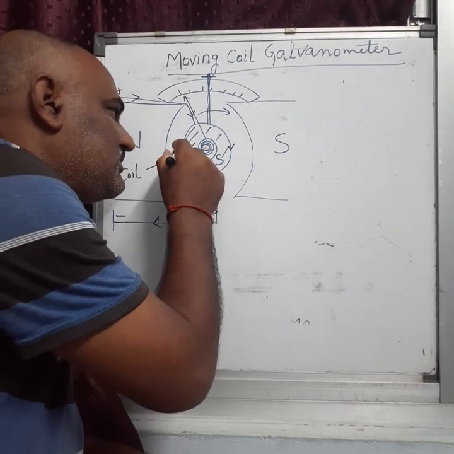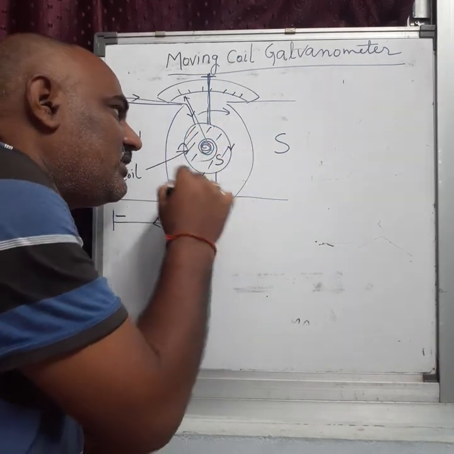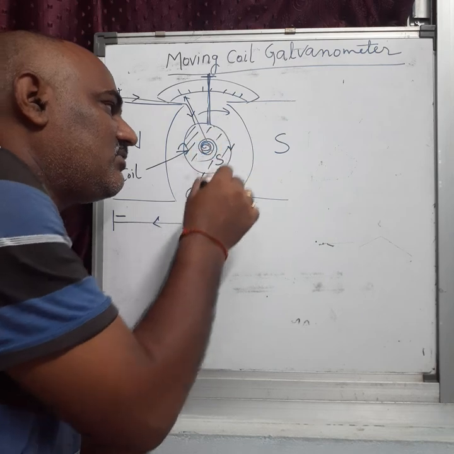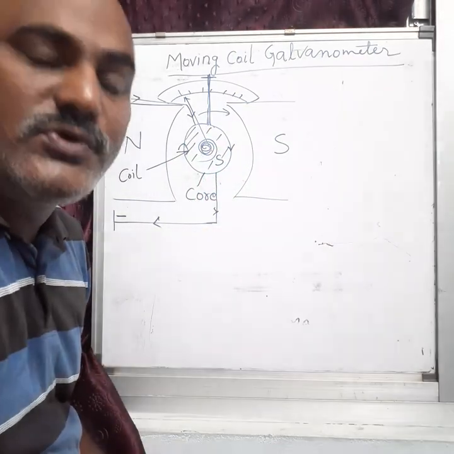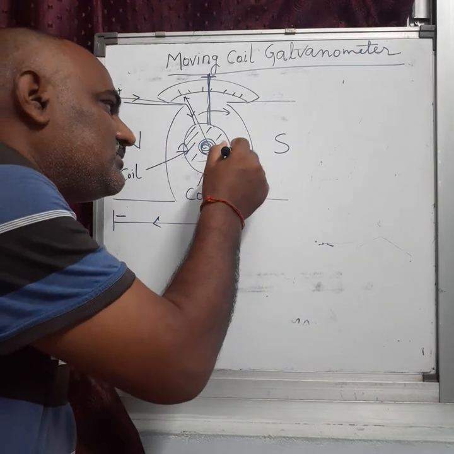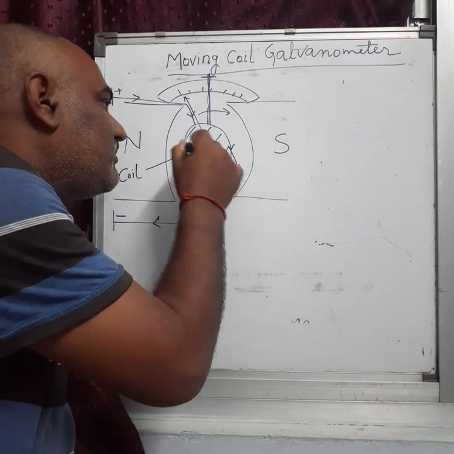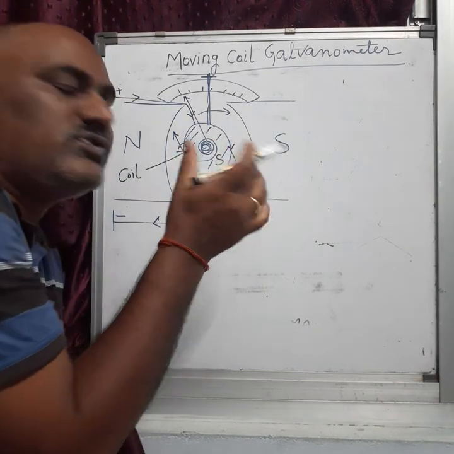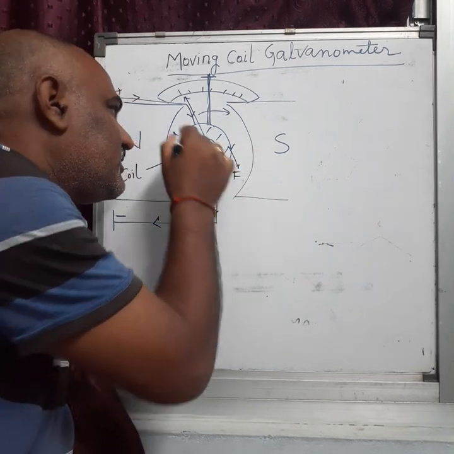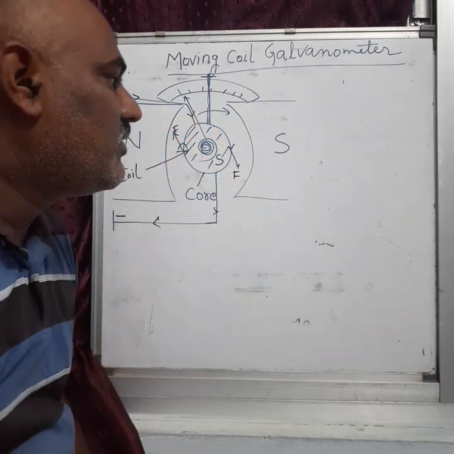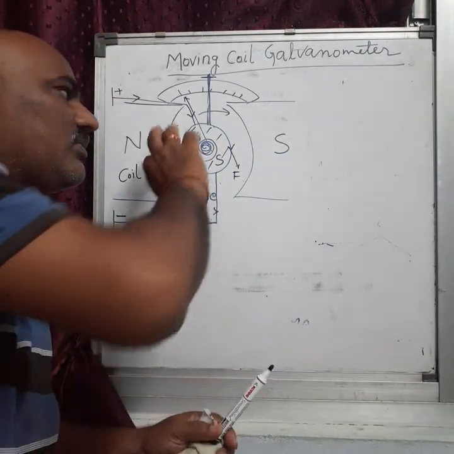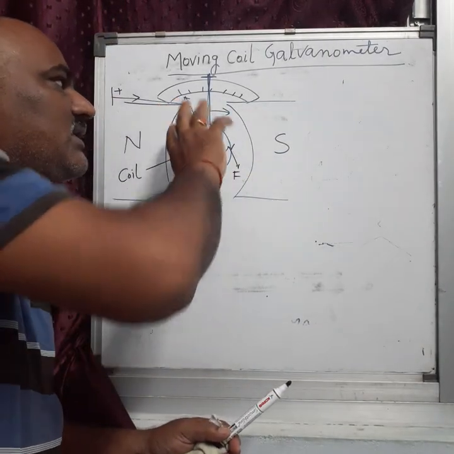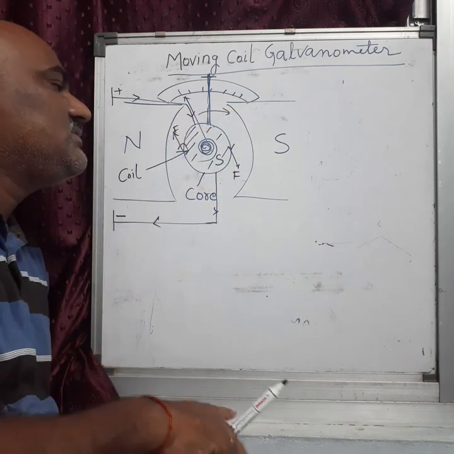You learned in the lesson that when a current-carrying circular loop is kept in a magnetic field, a torque is produced. What is the torque? One force is acting this side, one force is acting this side. Two equal and opposite forces act on the coil, and they rotate the coil. When torque is produced, the coil rotates clockwise.